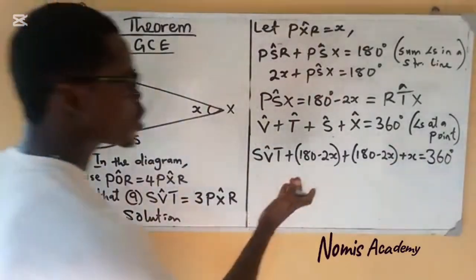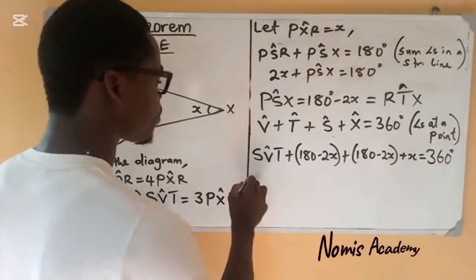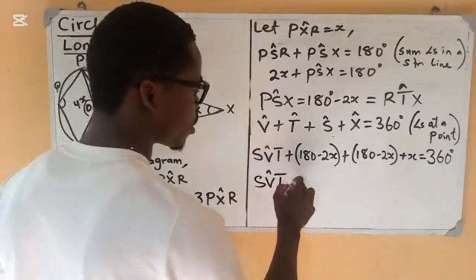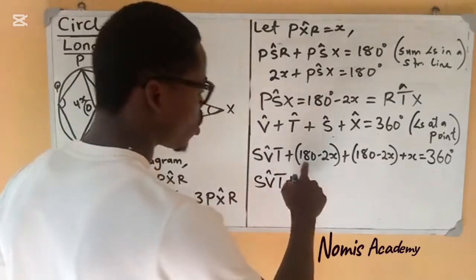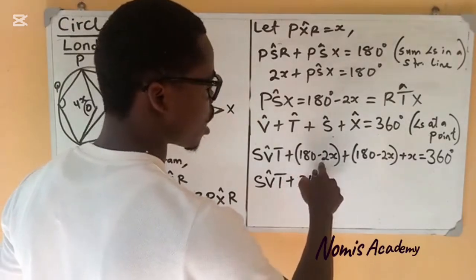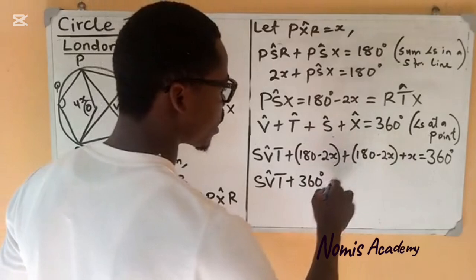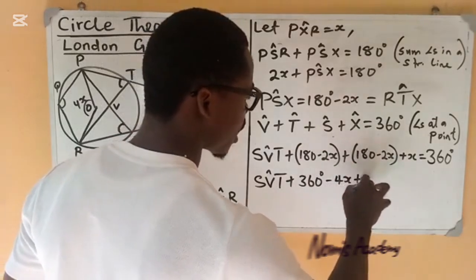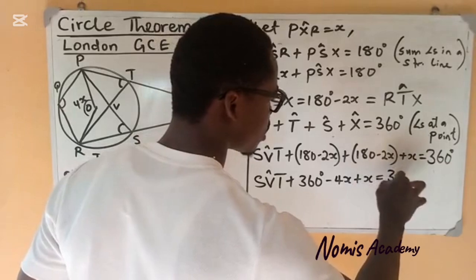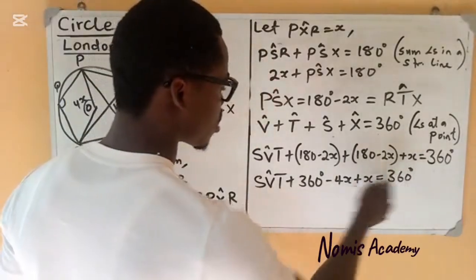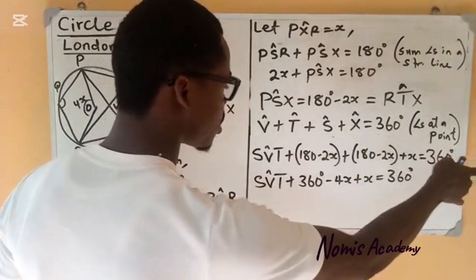When we sum up all this, we have SVT plus 180 plus 180, which is 360 degrees, minus 2x minus 2x, that is minus 4x, plus x, equal to 360 degrees. You can see that the 360 cancels out when it goes to the other side.